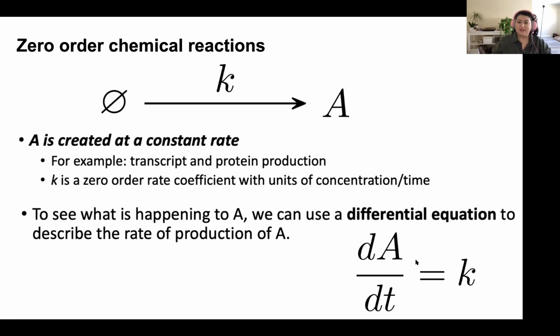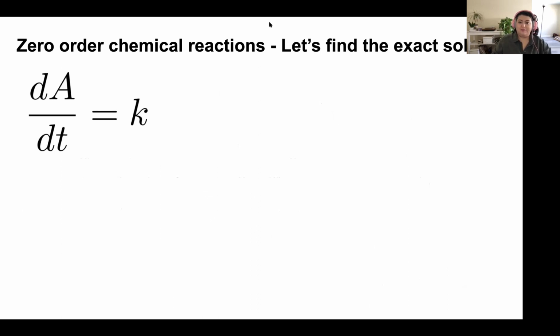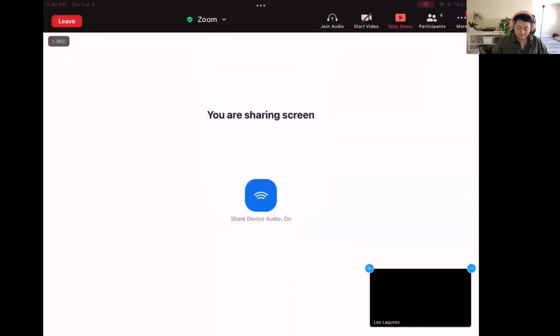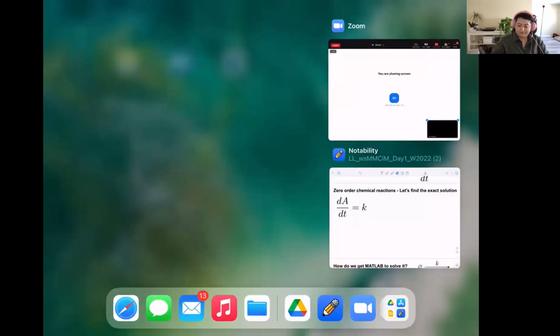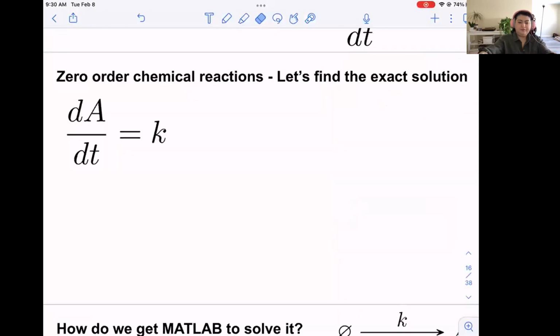And in fact, we can solve this analytically. So let me switch over really quick so that we can do it together. All right, so if we want to find the exact solution, you don't have to have taken differential equations to understand this.